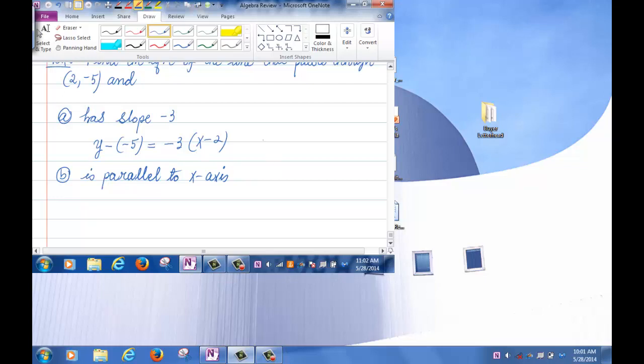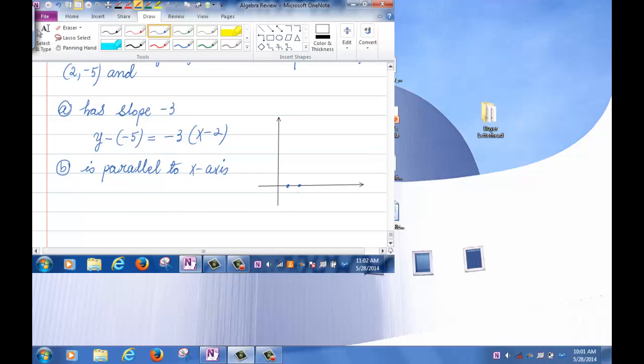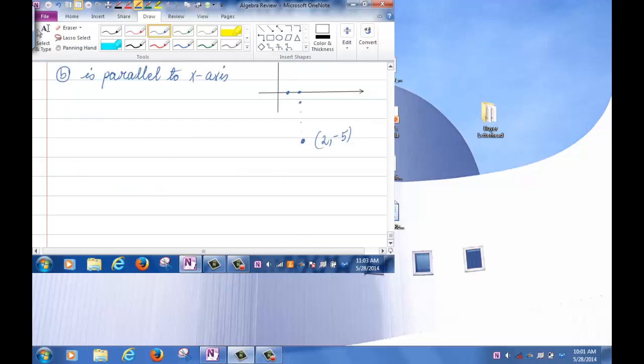Let me make a graph here pretty quickly. Let's say we are talking about the point 2, -5. So you can think of, let's say this is 1 and this is 2. So where is the point 2, -5? 1, 2, 3, 4, and 5. So this is the point 2, -5. Everybody's okay with that?